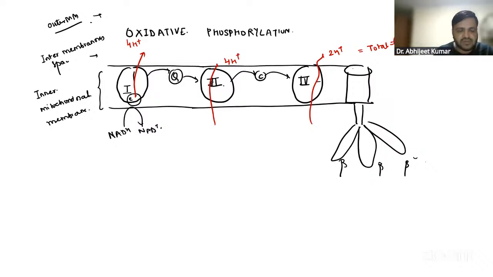So remember the first, third and fourth parts. There is electron jumping and release of energy, and this pumps hydrogen to the intermembrane space. So we have about 10 H plus, and this pumping of protons creates a potential difference.